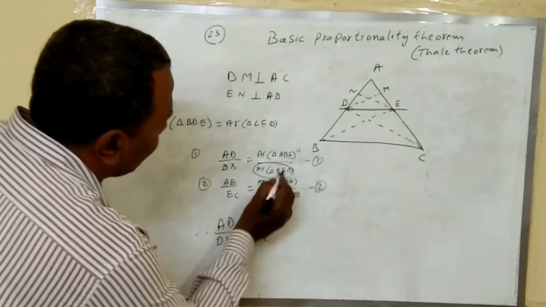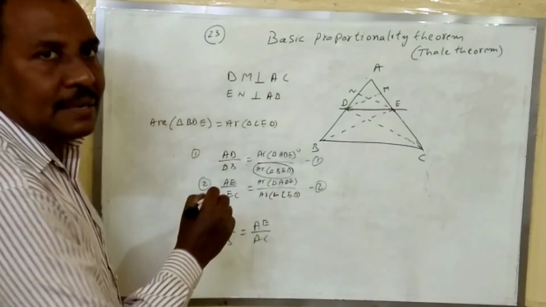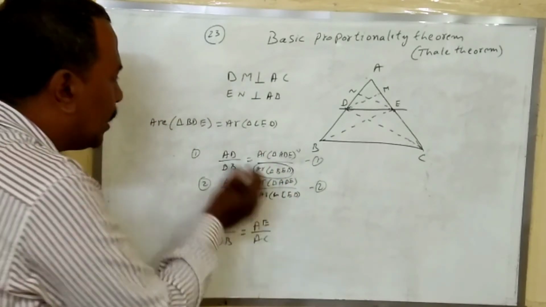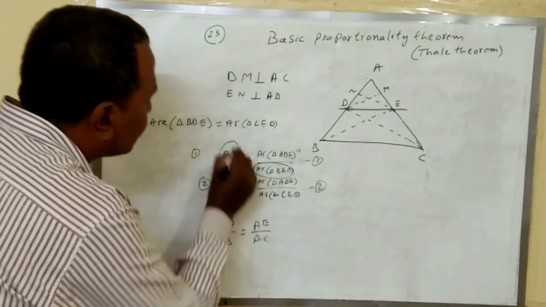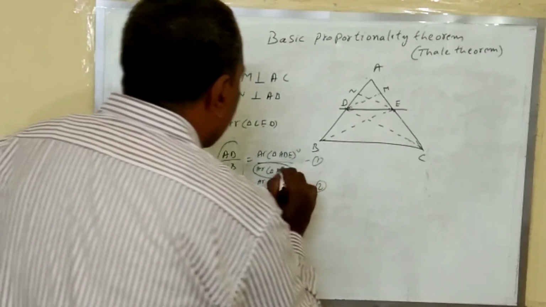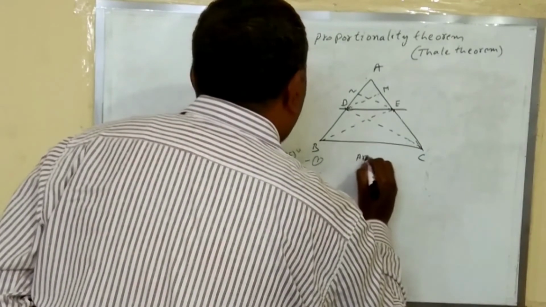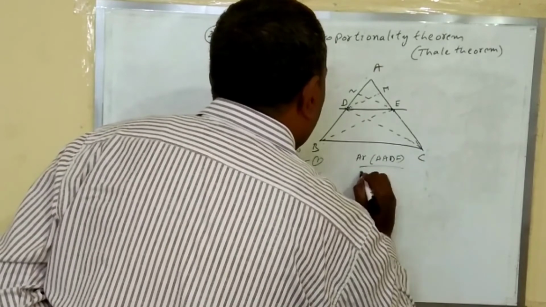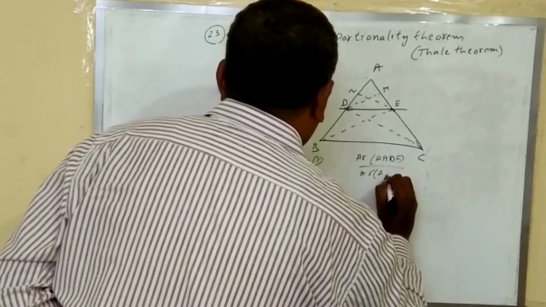Because the area of this triangle is equal to the area of this triangle, you can replace it with this triangle, and you can say that both are equal to the same AD by DB and AE by EC. For example, area of triangle ADE by area of triangle BED.